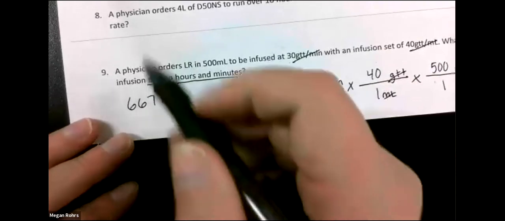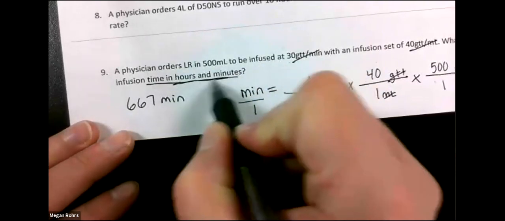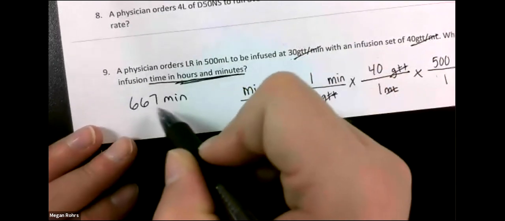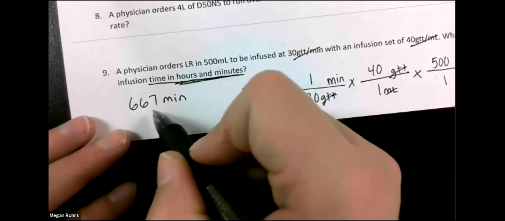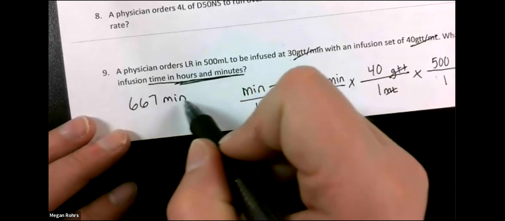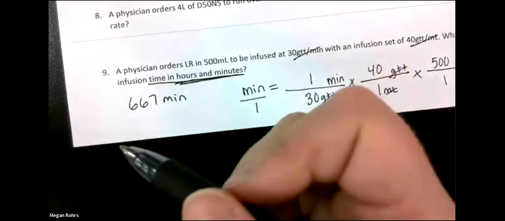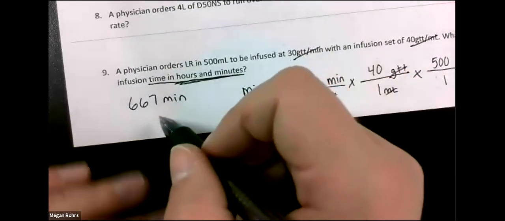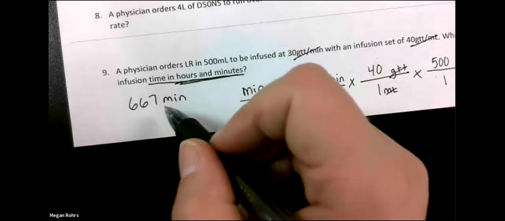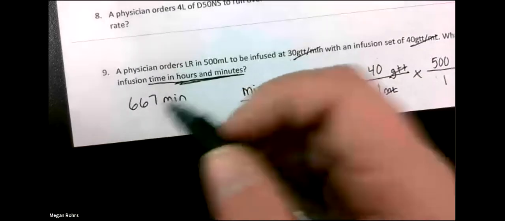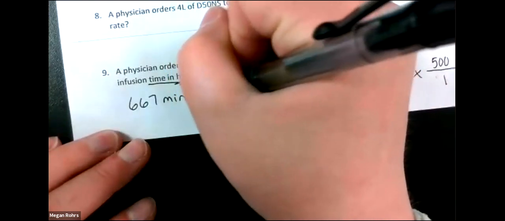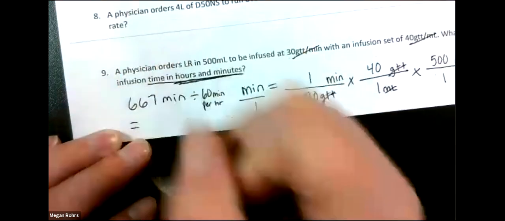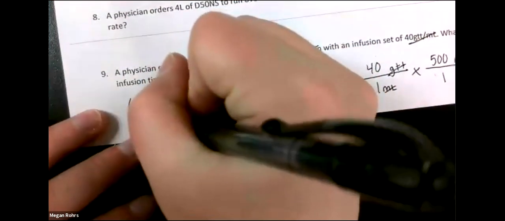Now remember, they want our time in hours and minutes. So what we can do here, we know that there are 60 minutes in an hour. So we can just take this number here, 667, and divide that by 60, and that will turn our minutes into hours.